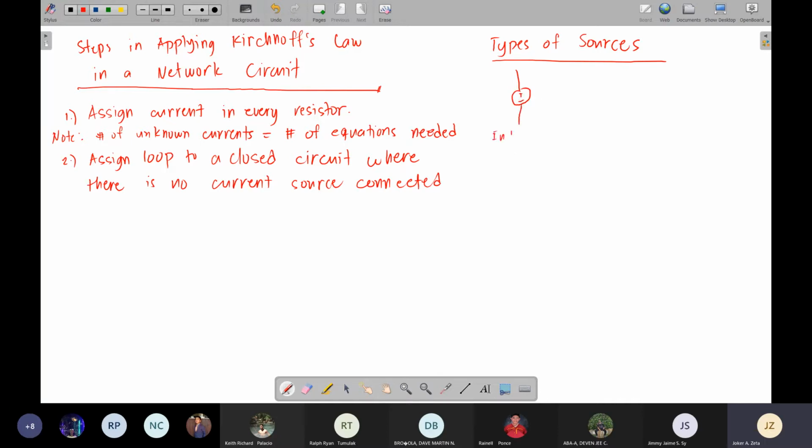So this will be an independent, okay, independent voltage source. So meaning independent, meaning it has its own value. Then you also have, okay, circle gihapon pero represented by an arrow. This will be independent, okay, independent current source.